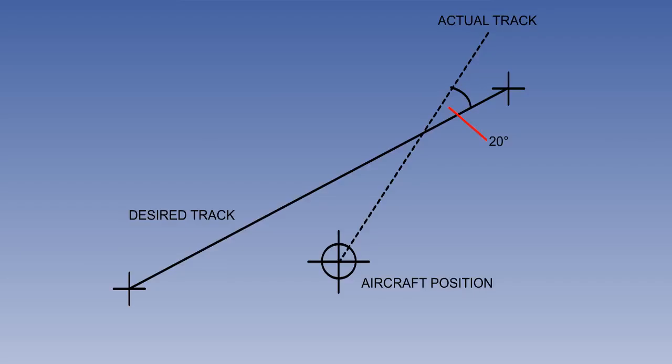It is the difference between the desired track angle and the track angle you are flying at the time. Your actual track angle is the combination of your heading and your drift. If you are following the INS steer, the desired track angle and the actual track angle should be the same. However, if you have had to deviate from following the steers, again possibly because of a mandatory air traffic control instruction, the two will not be the same. The difference is known as track error angle.